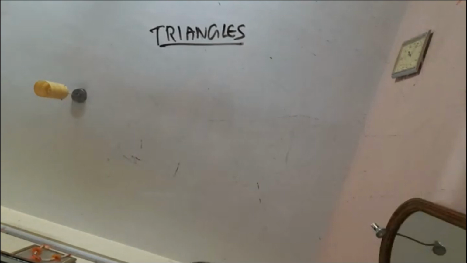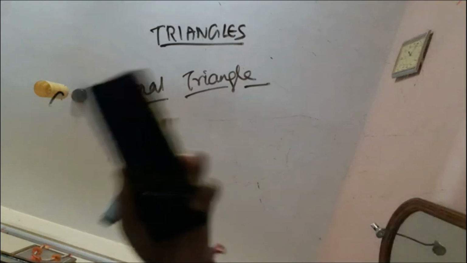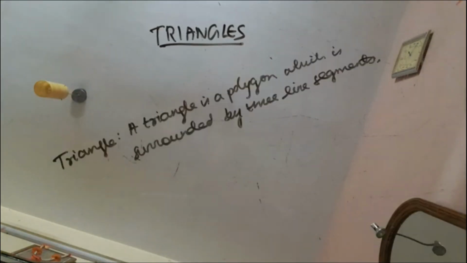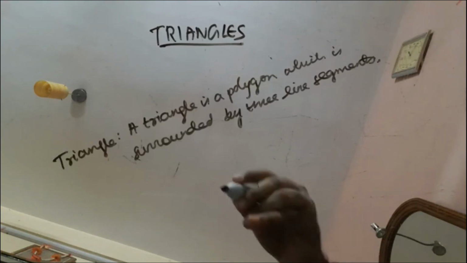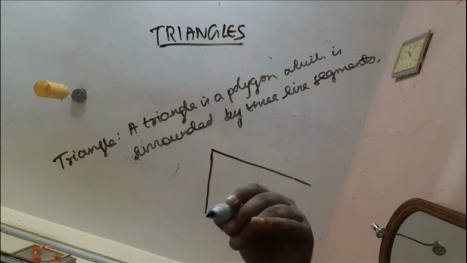In the beginning we are going to study what is known as an equilateral triangle. But first let me define for you what is a triangle. A triangle is a polygon which is surrounded by 3 line segments. So this is a triangle, as you all know. This is a triangle.